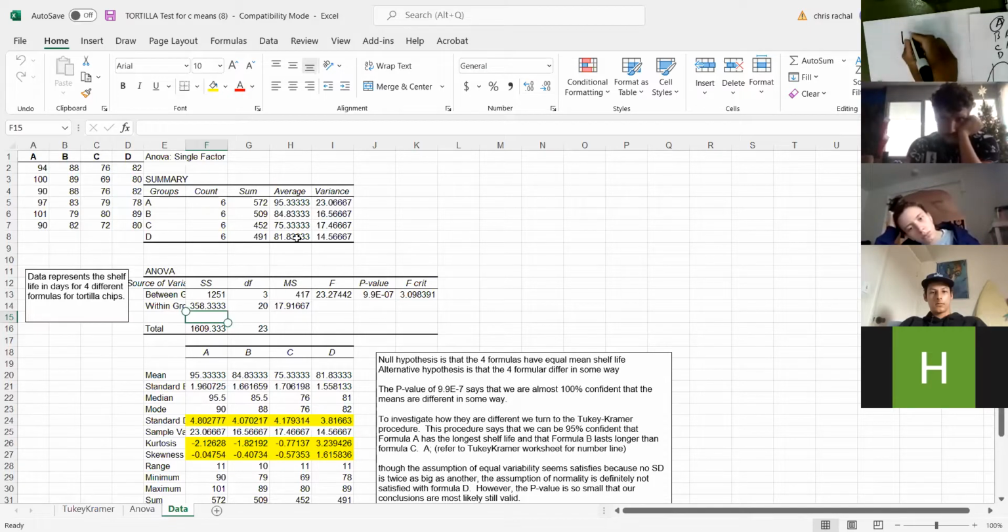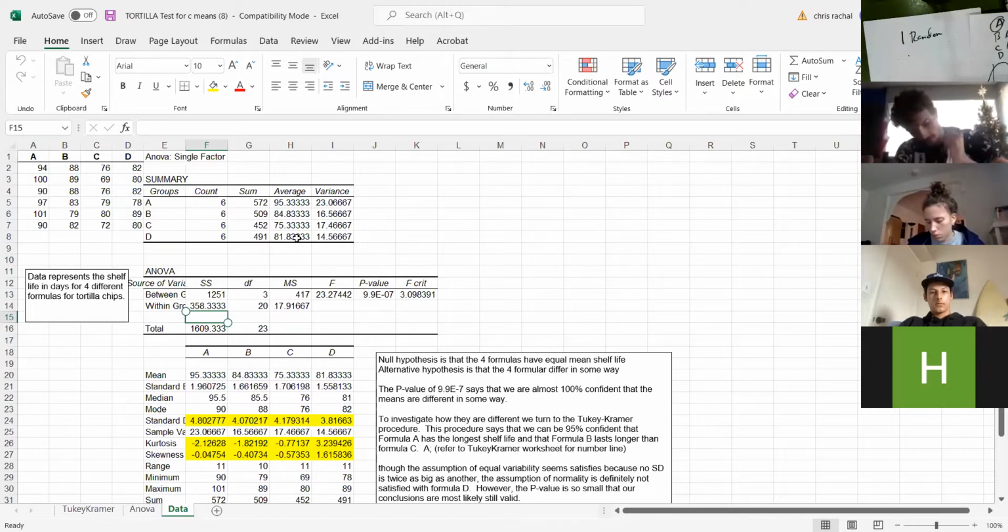So for independence, we need to make sure it's a random sample. Right? We're randomly using different machines to check these results to make sure that they're okay. It's a random sample. Okay. Normality: skewness and kurtosis.